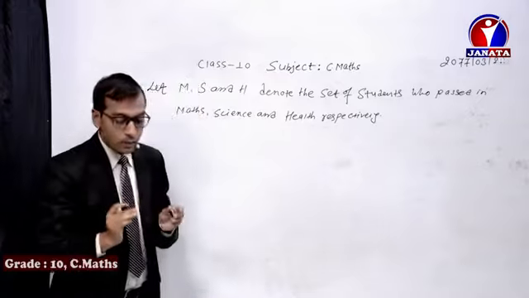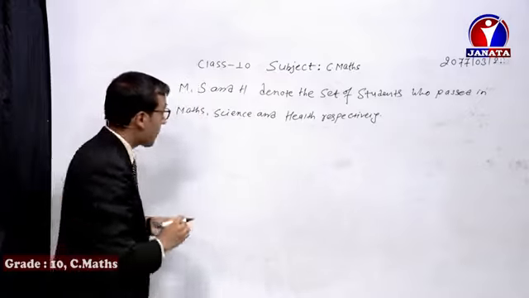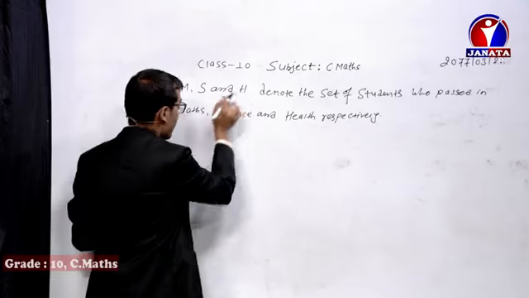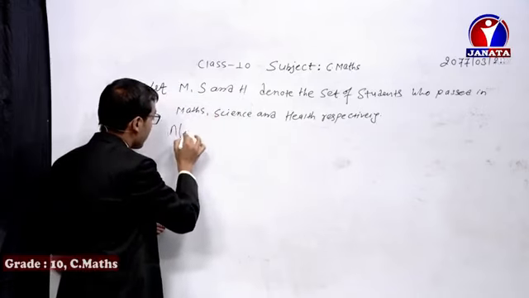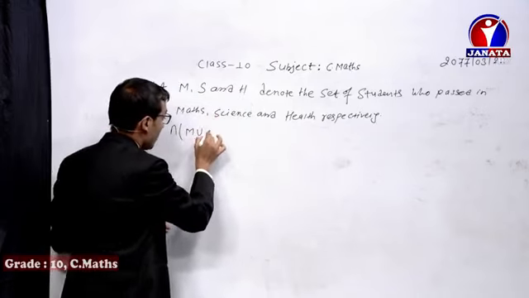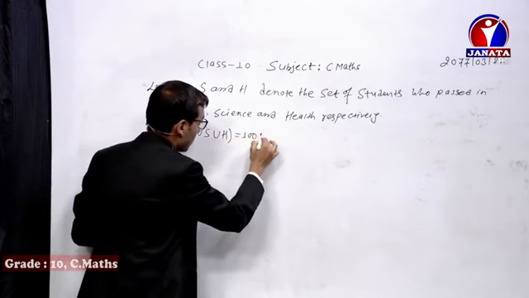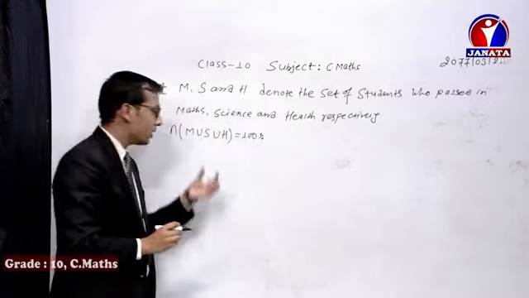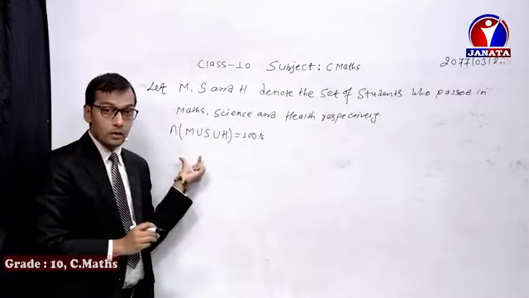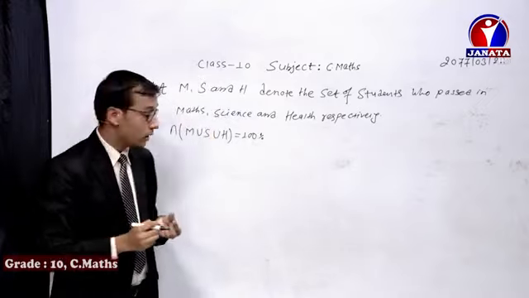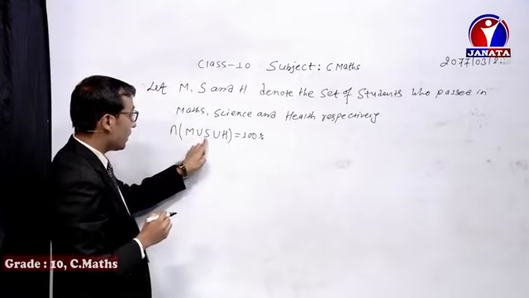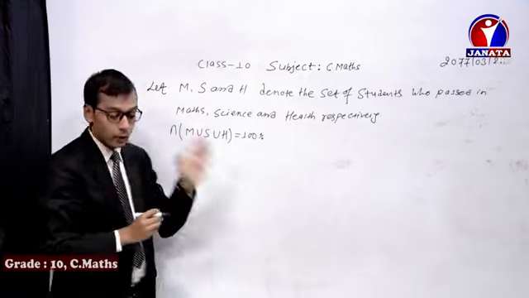The question is in terms of percentage. So what is n of M union S union H? It's 100%. We can also denote this by n of u because there is no complement at all. So n of M union S union H is equal to n of u.